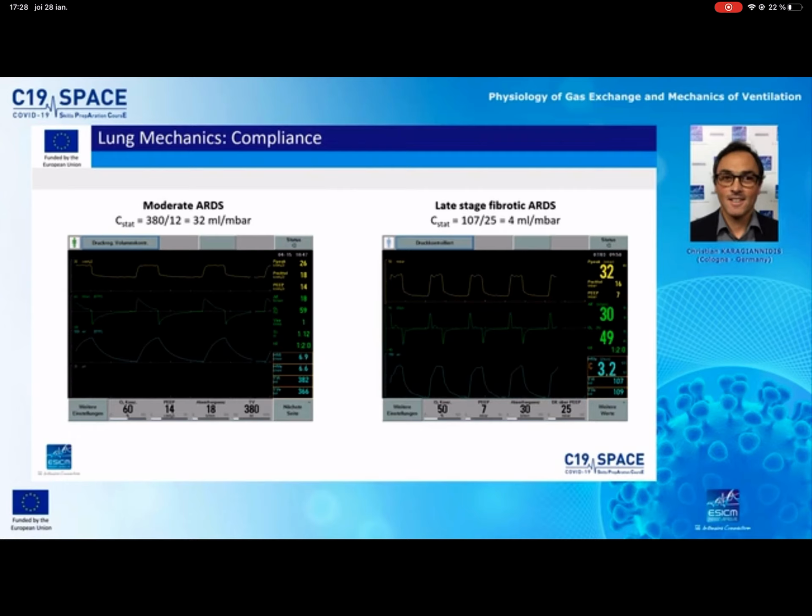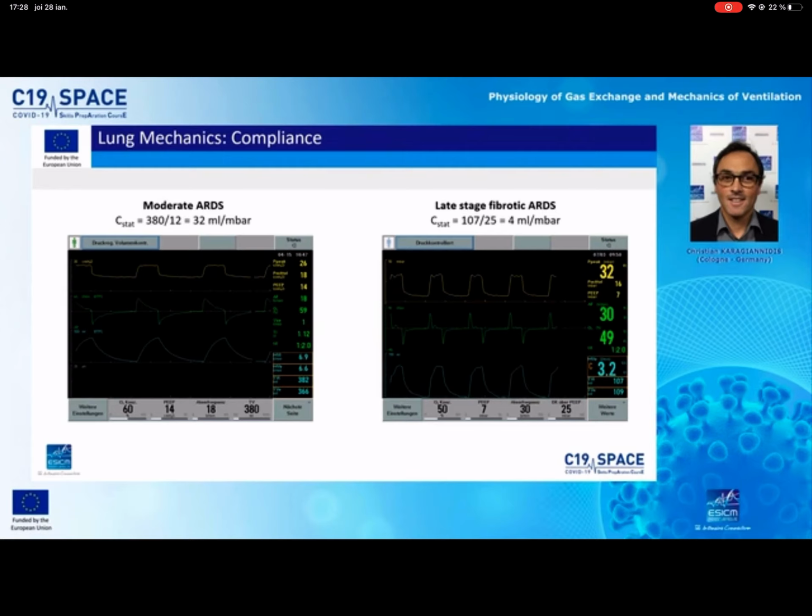From time to time, and particularly in some COVID-19 patients, you see in later stages a fibrosis of the lung, sometimes a fibrosis which has no defined origin. We call that idiopathic, or sometimes it occurs in patients with ARDS. And this is a very typical case.